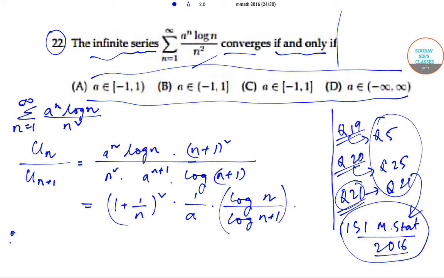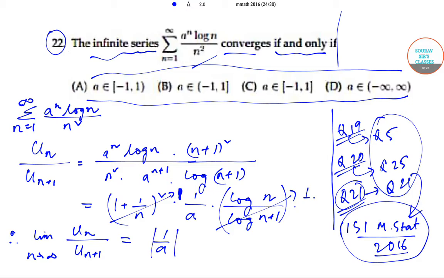So if we take the limit n tends to infinity of u n upon u n plus 1, then this will be equal to 1 by a, because this tends to 1 and also this tends to 1. So ultimately this comes down to this value, and we have to put a mod over here.